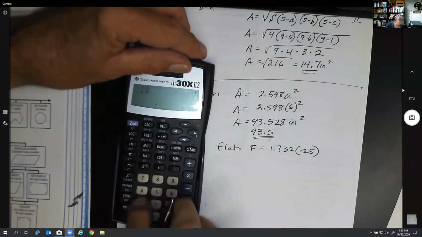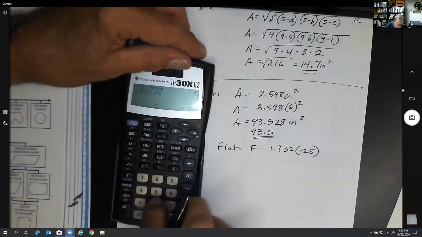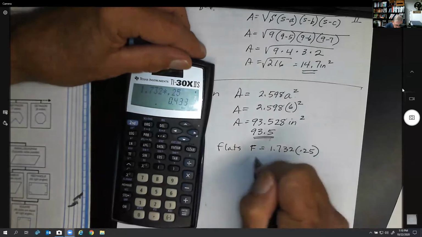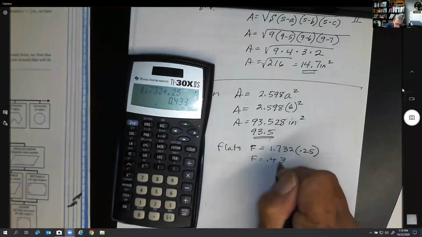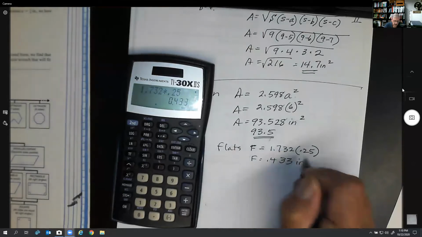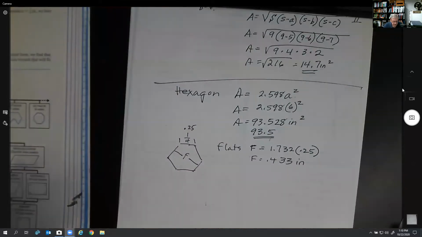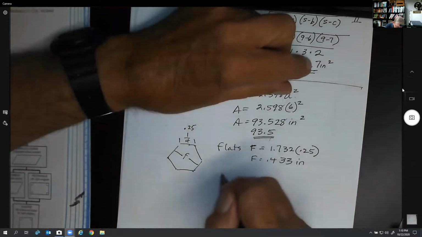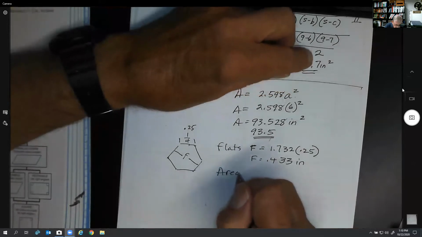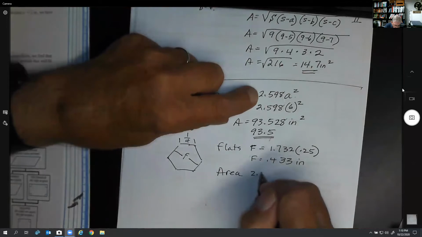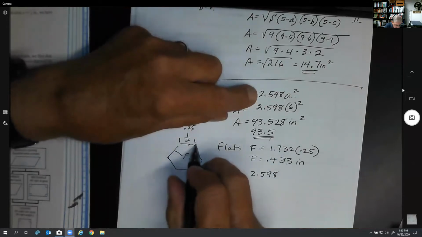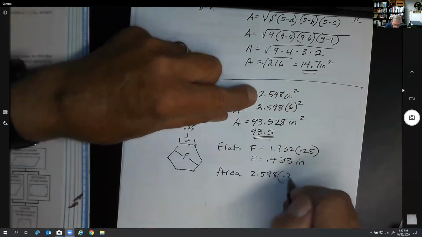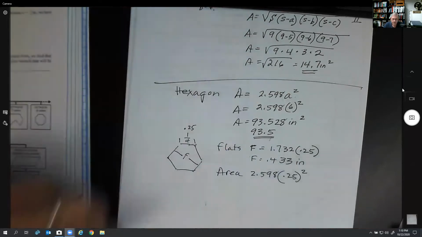So 1.732 times 0.25 is 0.433. And maybe these were in inches. What's the area? The area is, let's go up here, 2.598 times the side, 0.25 squared.